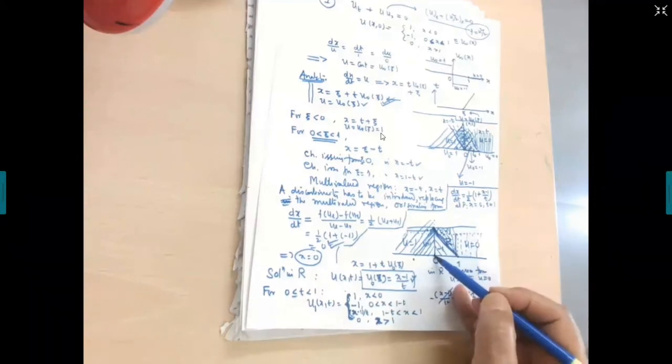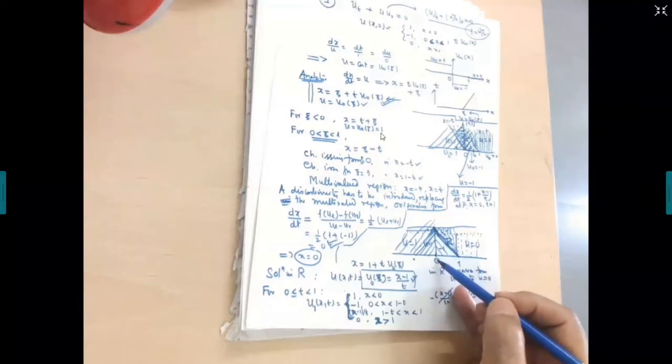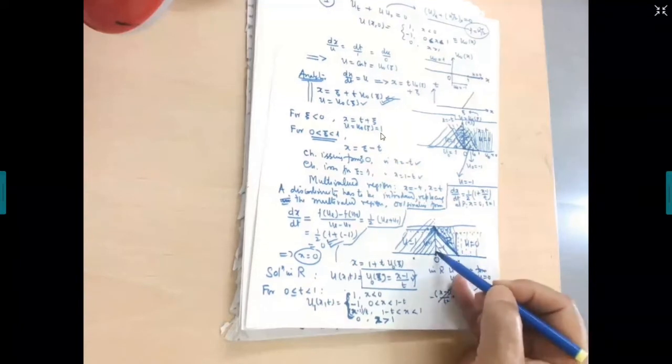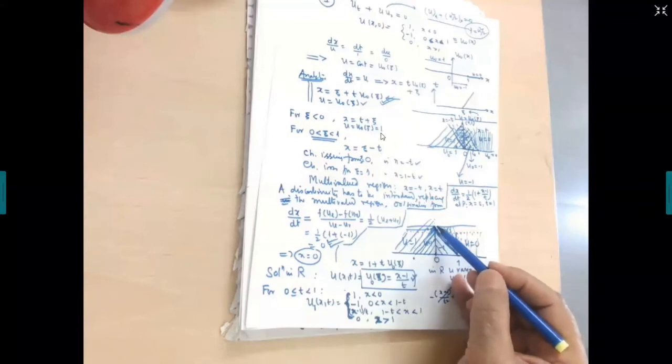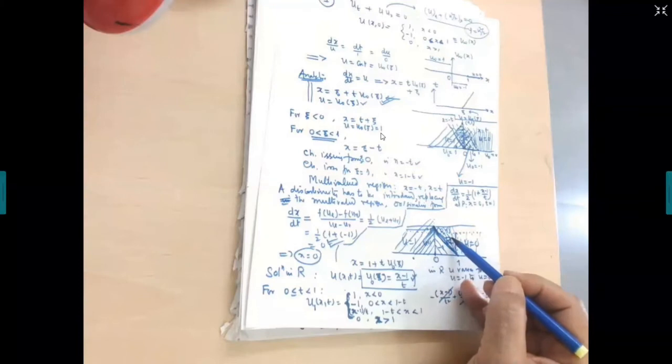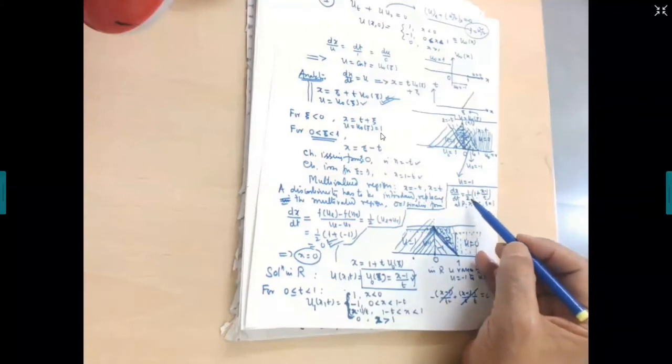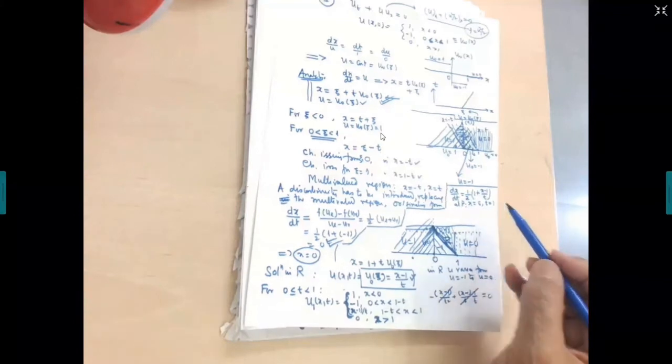This stationary shock originated from 0, 0, right? It propagates along this, to 0, 1. As soon as it reaches 0, 1, the rarefaction wave hits it, and therefore its shape and speed will undergo a change.